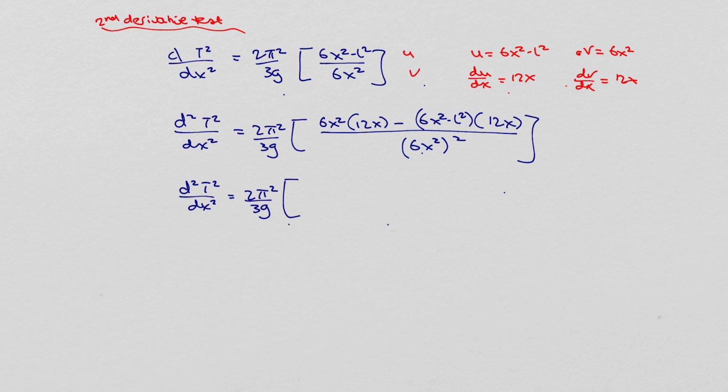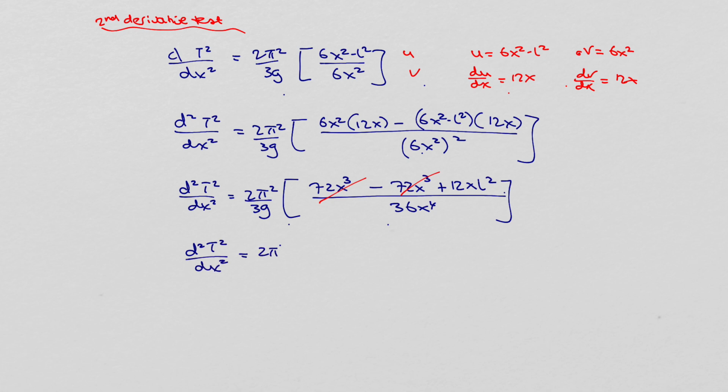And therefore on the top line we have 72x cubed minus 72x cubed minus is plus 12xL squared all over 36x to the power of 4. And we can see 72 is gone. So that leaves us with our second derivative is 2 pi squared over 3g times 12xL squared over 36x to the power of 4.